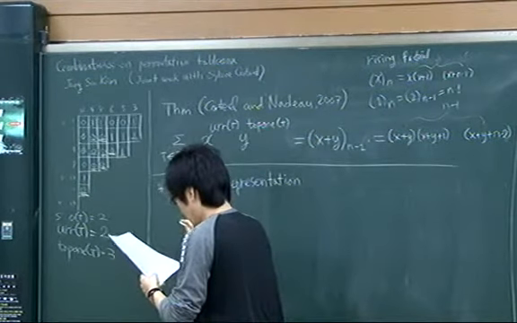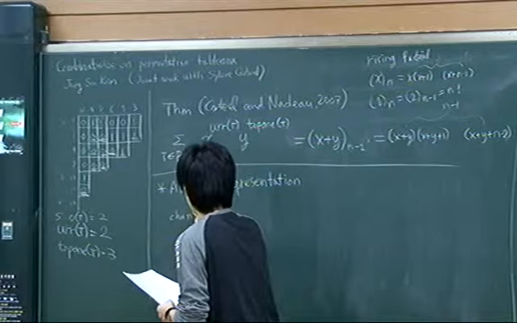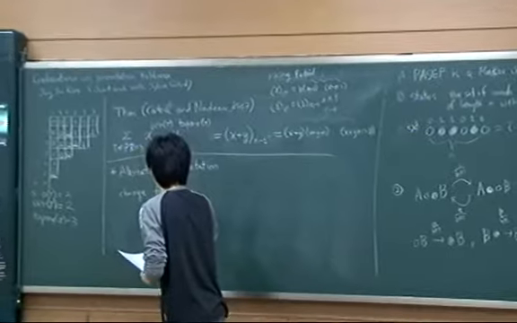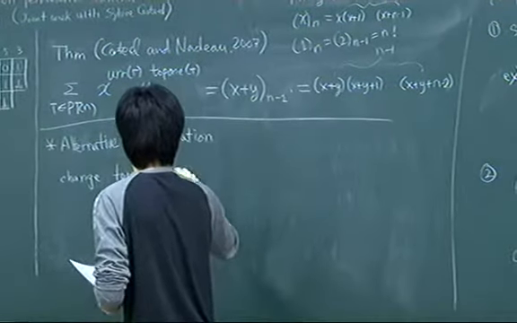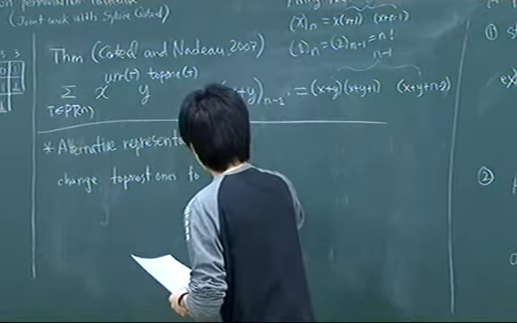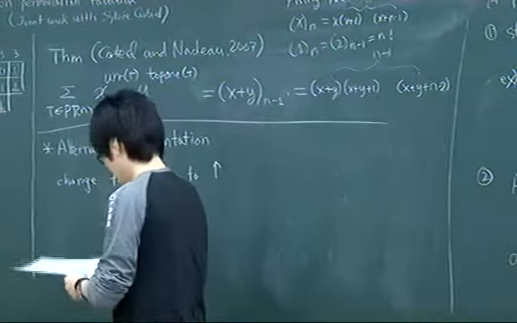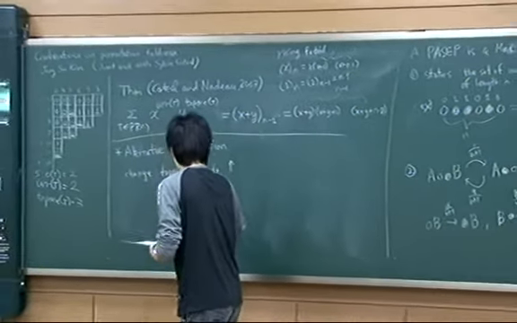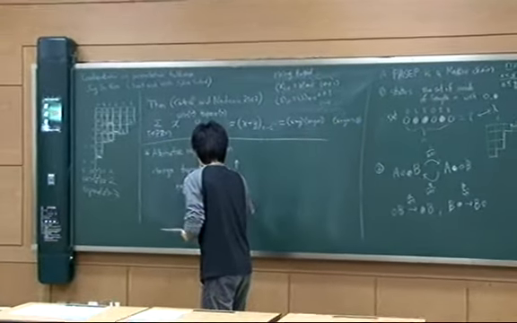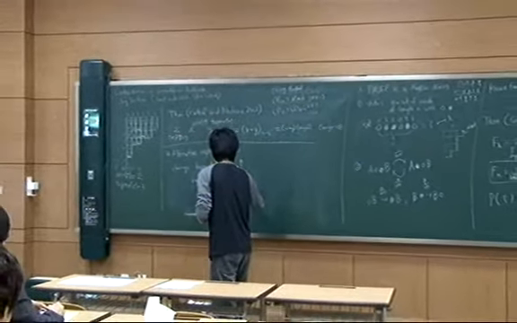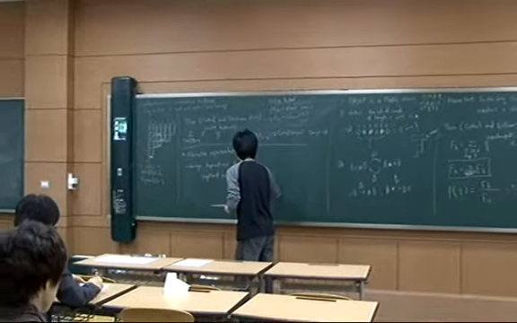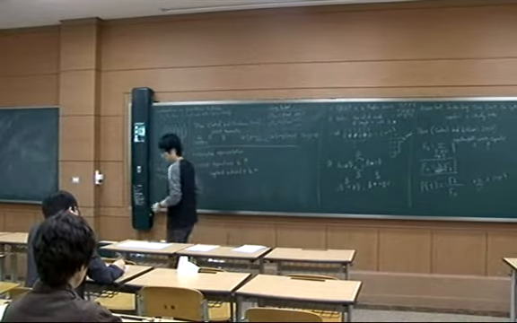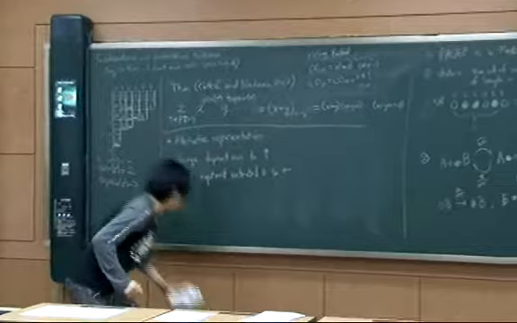It's very simple. Change the topmost ones to up arrows, and the rightmost restricted zeros to left arrows. So we have two kinds of arrows.